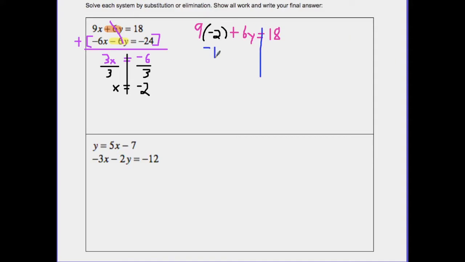So multiply, I get -18. And the rest I'm going to leave alone first. Plus 6y equals 18. Now I need to remove that -18, so I'm actually going to add 18. And we have to do that to both sides, plus 18 plus 18. So I'll end up with 6y equals 36.